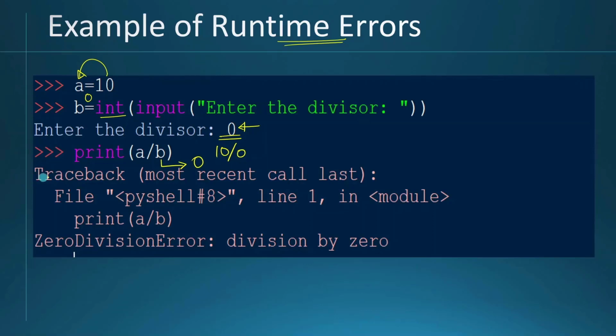So now you can see immediately Python is producing an error, and the name of the error is ZeroDivisionError, right? And the explanation is division by zero. So this is a runtime error. Why? Because if the user had input 5 here, this program would work properly. It will divide 10 by 5, and this print statement will print the result as 2.